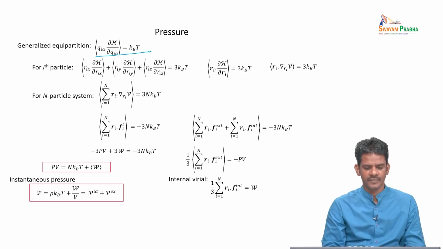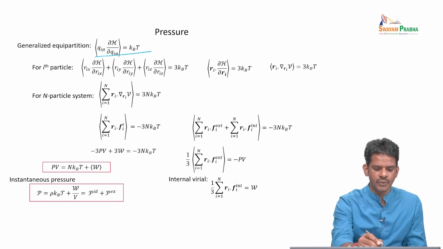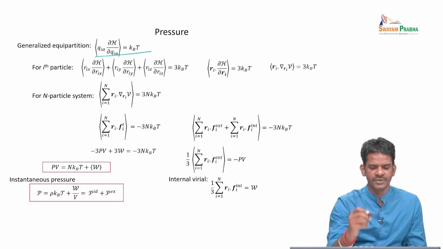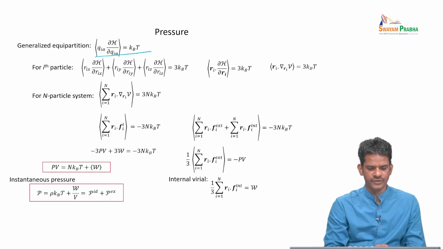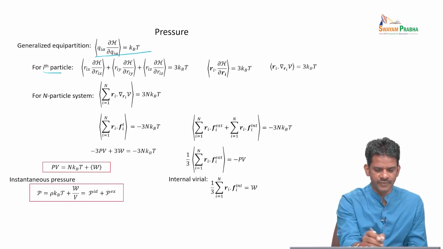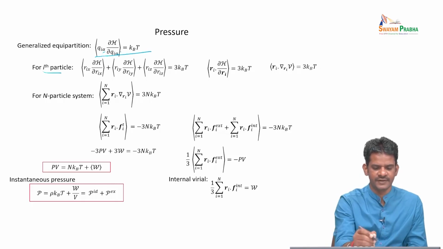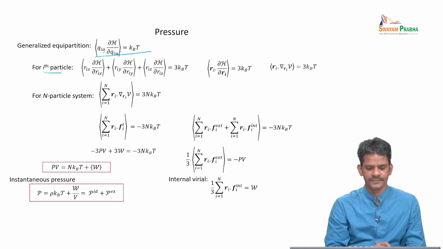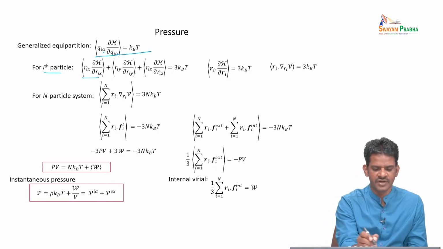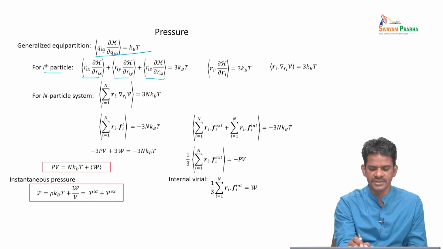equipartition theorem, which is Q_i alpha times dou H by dou Q_i alpha should be equal to kBT. Now first we will write for the ith particle, which will have 3 components for alpha: x, y, z. That is the x component, y component and z component.